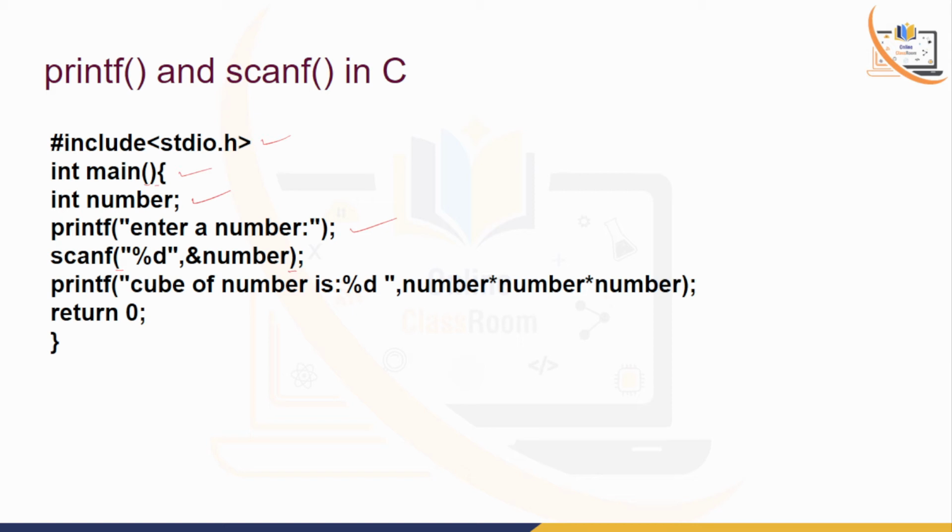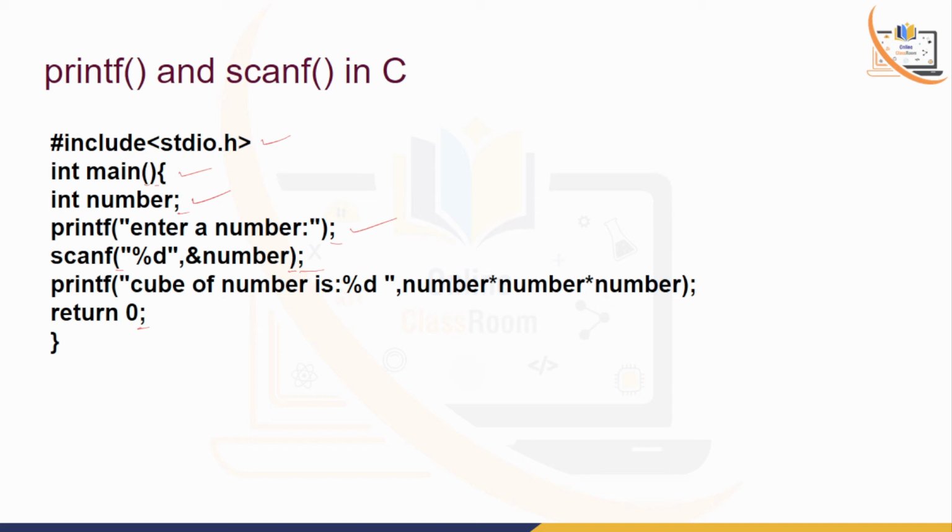And one thing I must say: after printf there is a semicolon, after scanf there is also a semicolon, and every line except the main function has a semicolon. What is the meaning of that semicolon? It is the end of the line, right?